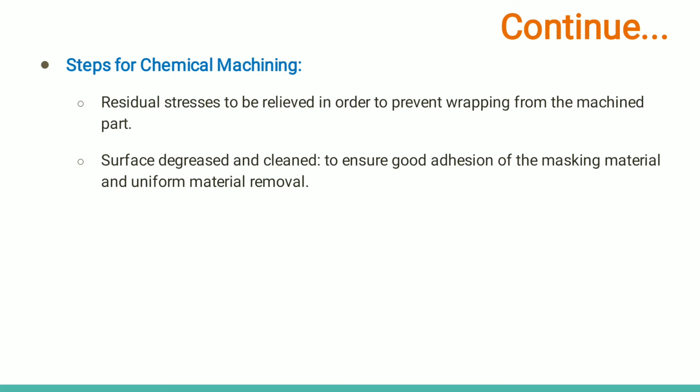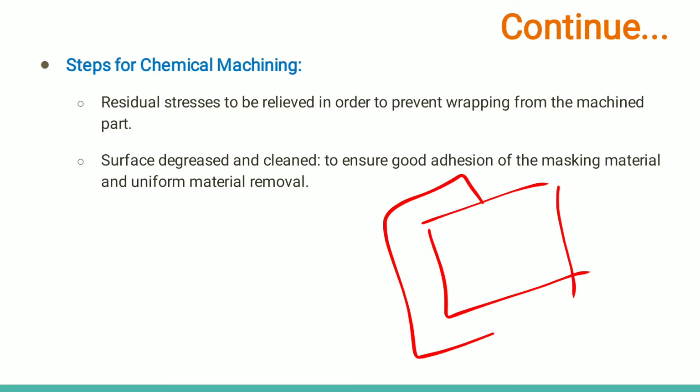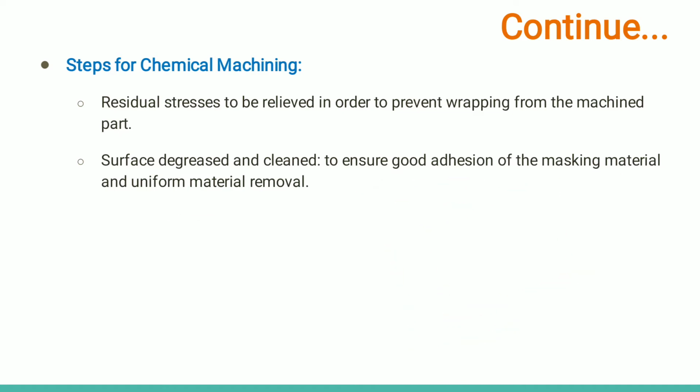Also, because of this cleanliness, the masking that we are doing will adhere properly to the workpiece material, ensuring good adhesion of the masking material and uniform material removal. So this is about cleaning and degreasing.